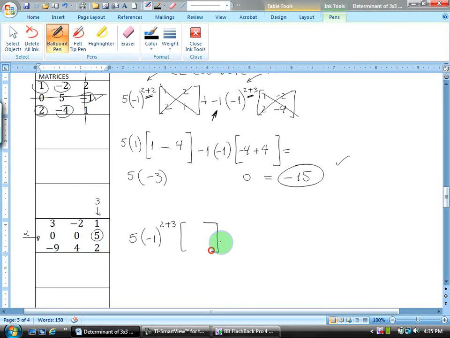Submatrix, we cross this row, we cross this column, we have left 3 minus 2, 3 minus 2, minus 9 and 4, minus 9 and 4.